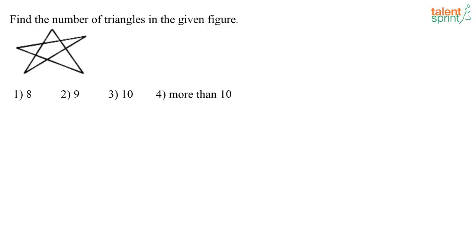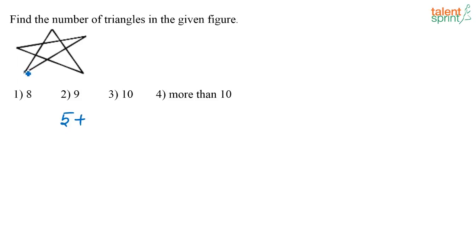Next, find the number of triangles in the given figure. So what is the answer here? You have these small triangles, 1, 2, 3, 4 and 5. So I have 5 small triangles. Let us note that down. Then let us look at the bigger triangles.